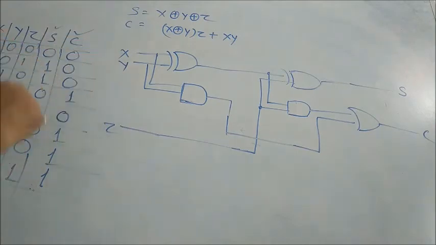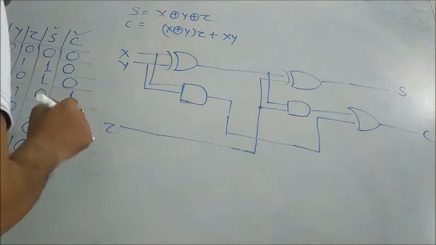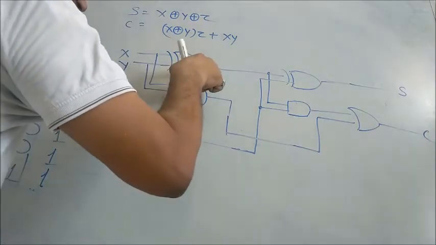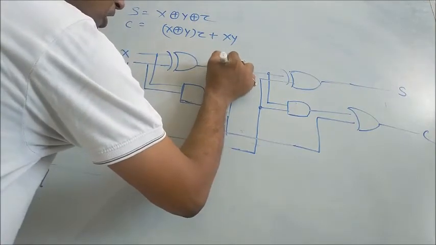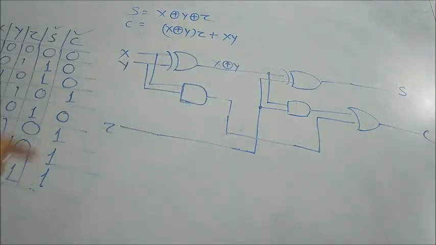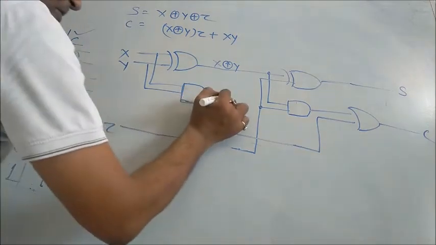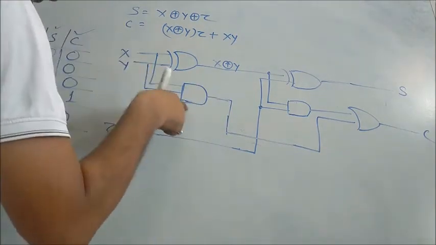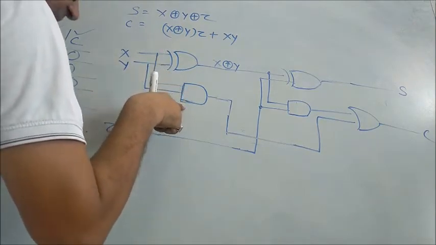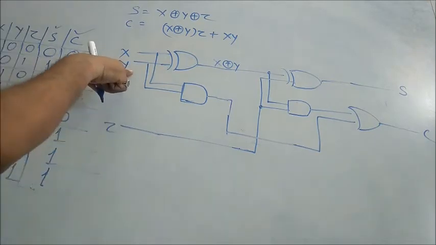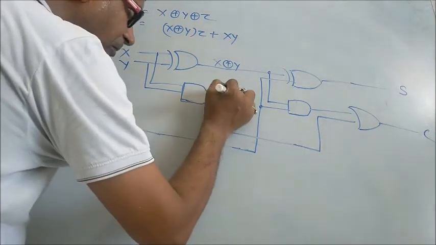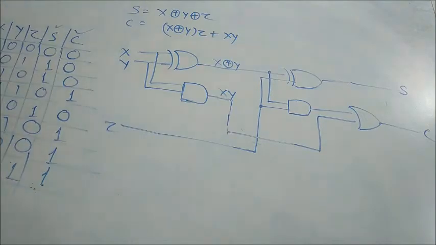On the basis of X and Y, the output of the XOR gate will be X XOR Y. And this is an AND gate, performing between these same two inputs, X and Y, so the output will be X and Y.